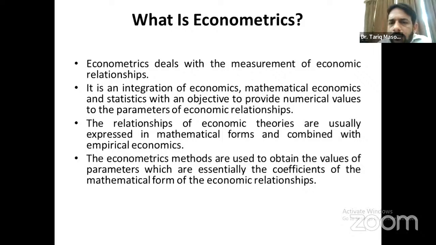Econometrics is basically an integration of economics or any other social theory. When we say economics, it is basically the theory of economics, the theory that we use at the time of modeling. The next is the mathematical form of modeling, mathematical economics, or any mathematical form of modeling. By using that, we write that cause and effect relationship in mathematical form.